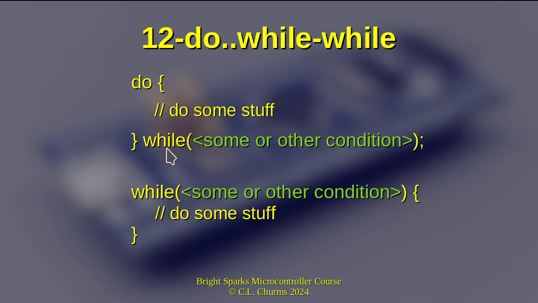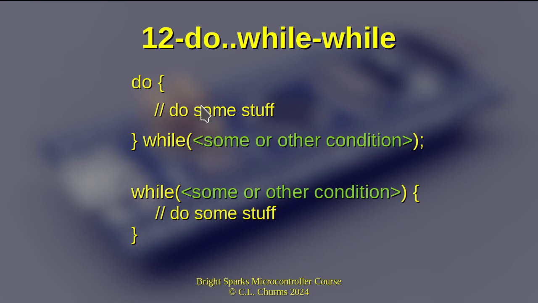But when we reach the end, we ask, is this true? If this is true, then go and do it again, and so forth. Right? So that is our do loop.